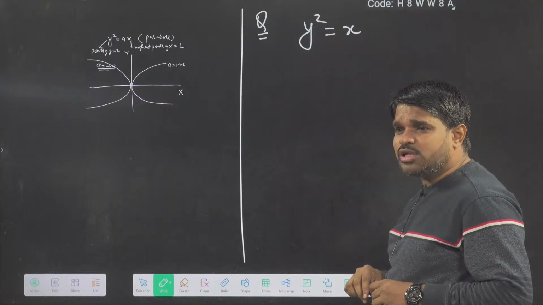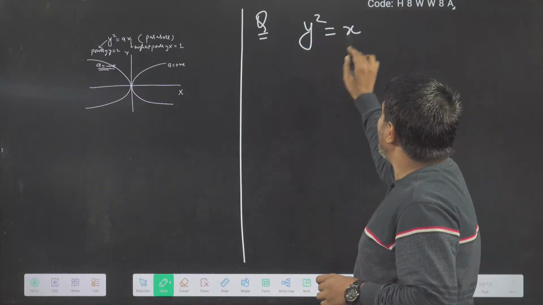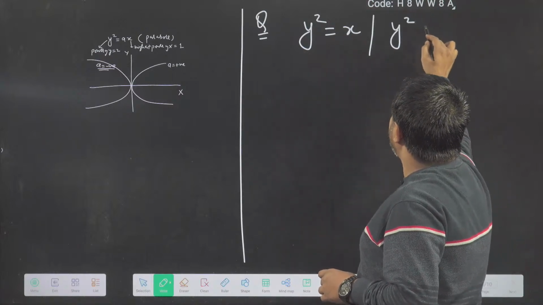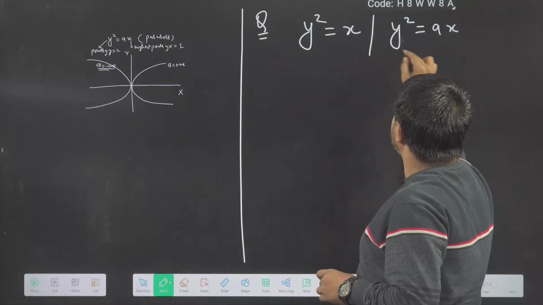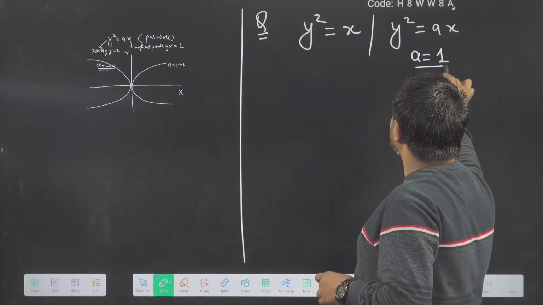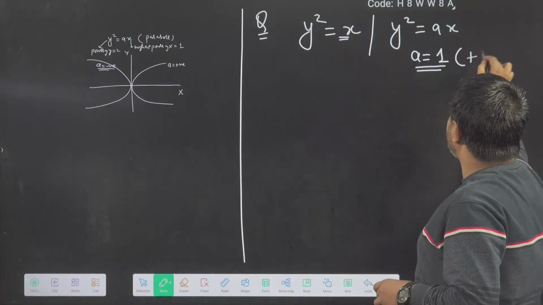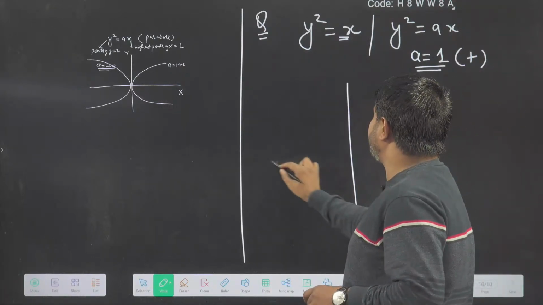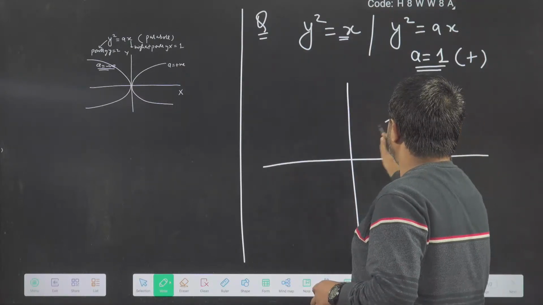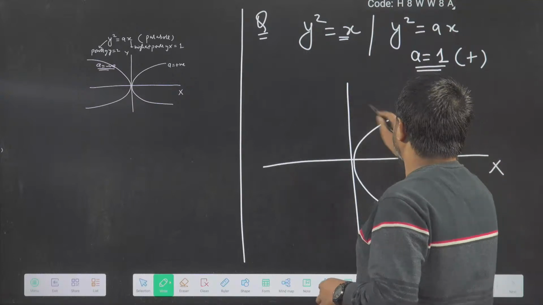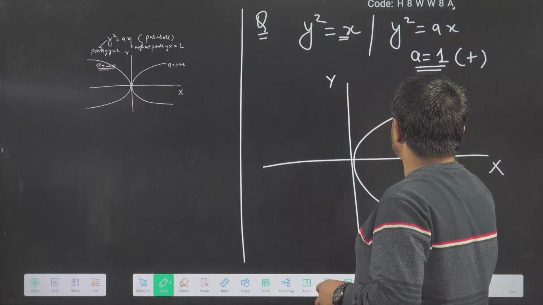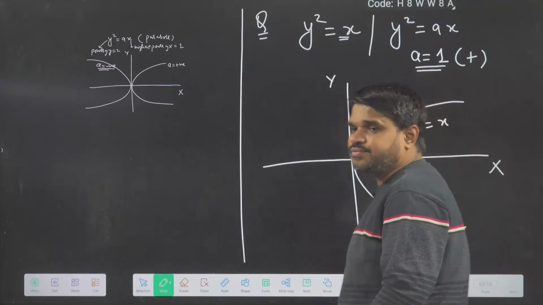If I compare y square with ax, what is a here? 1. Is a positive? Yes. So which kind of graph? This kind. X, Y. Y square equals x. Write it.